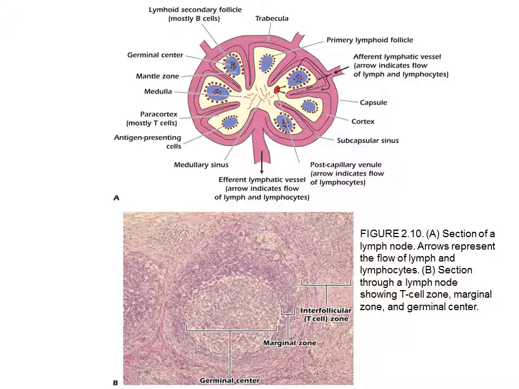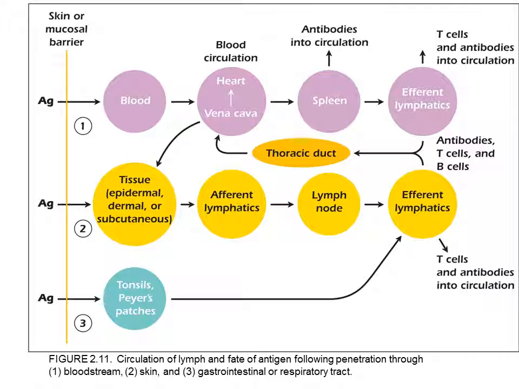So skin is something that you see. We have the whole lining of the respiratory system with mucosa. We have the whole lining of the urinary system with mucosa. We have the whole lining of the genital system with mucosa. We have the whole lining of the gastrointestinal tract. So we want to place these antigen-presenting cells there. These are the two important places where we want to place our antigens.